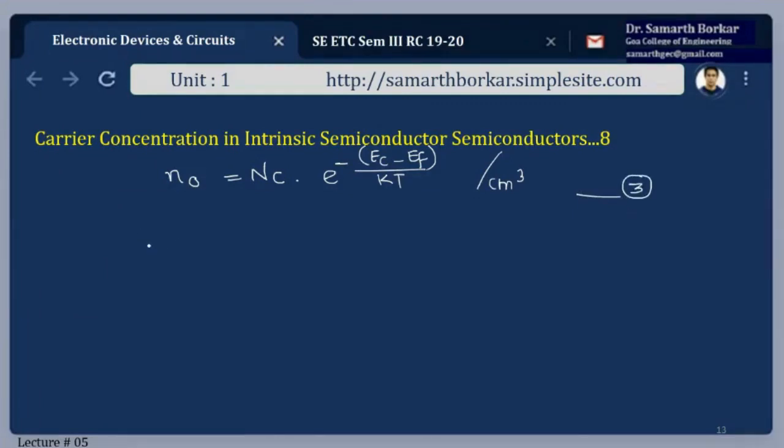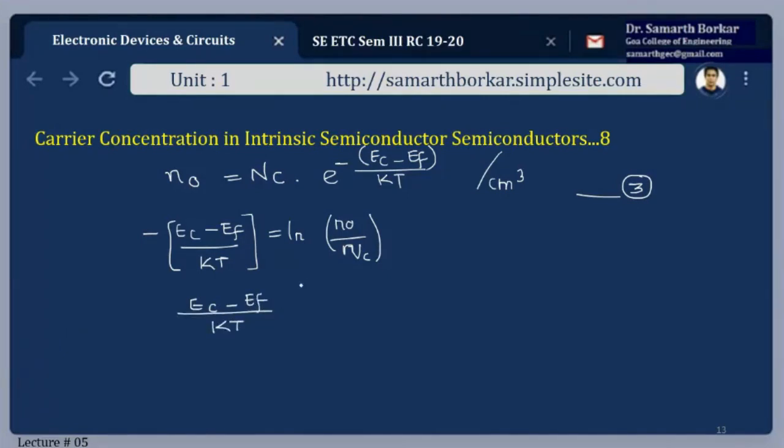Let us simplify this. I'll just run through this. (EC minus EF) by kT equals natural log of n0 by NC, with a negative sign. See, the notations are very much important. I can interchange the numerator and denominator, eliminating this negative sign.